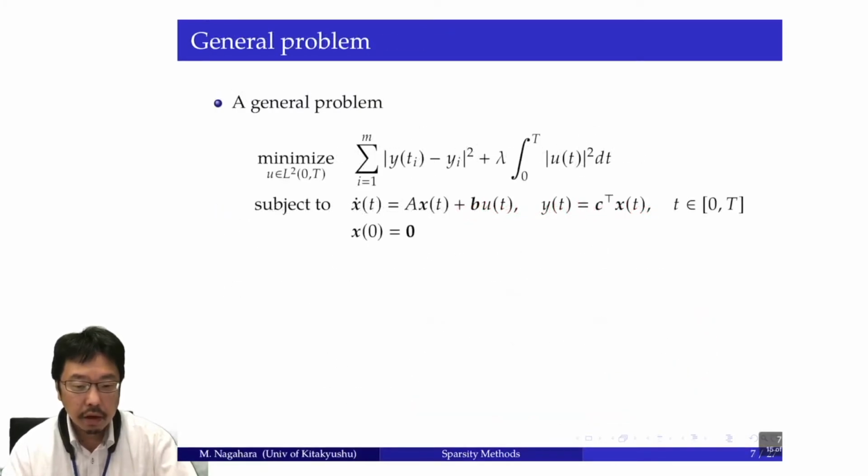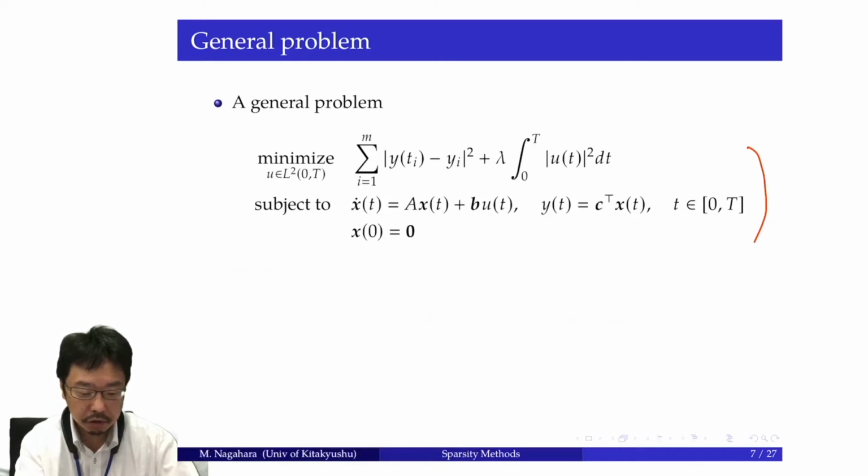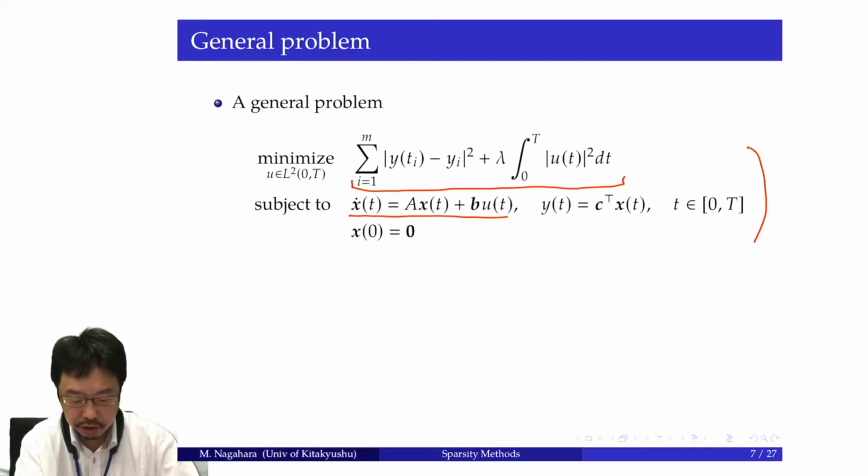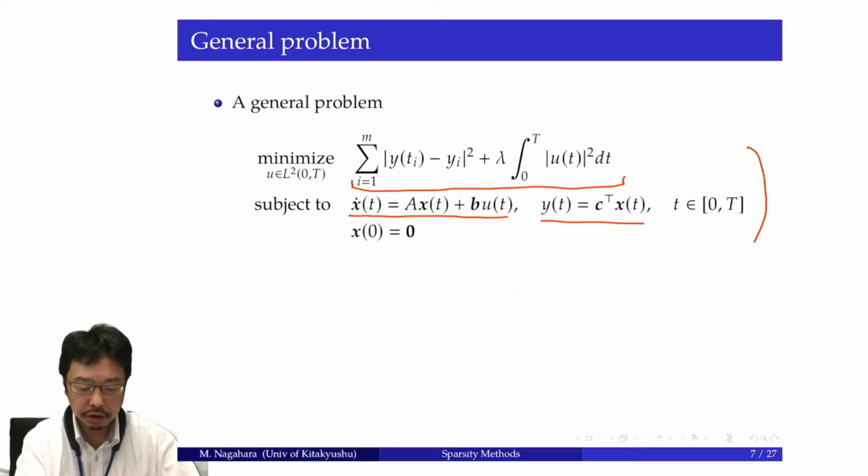Now, we consider a more general problem described as this. We minimize the same cost function under the constraints of state space equation here, output equation and initial condition. Let's consider this problem.